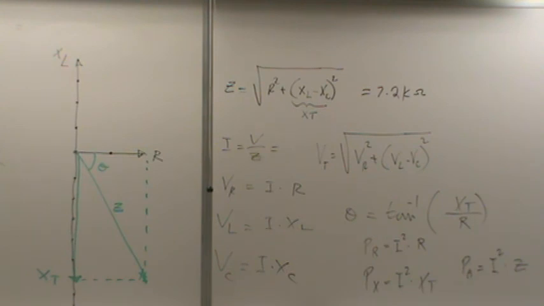There's more voltage across the one which dominates, and less voltage across the one that has less resistance. We'll learn about that in our lab, the iLab.